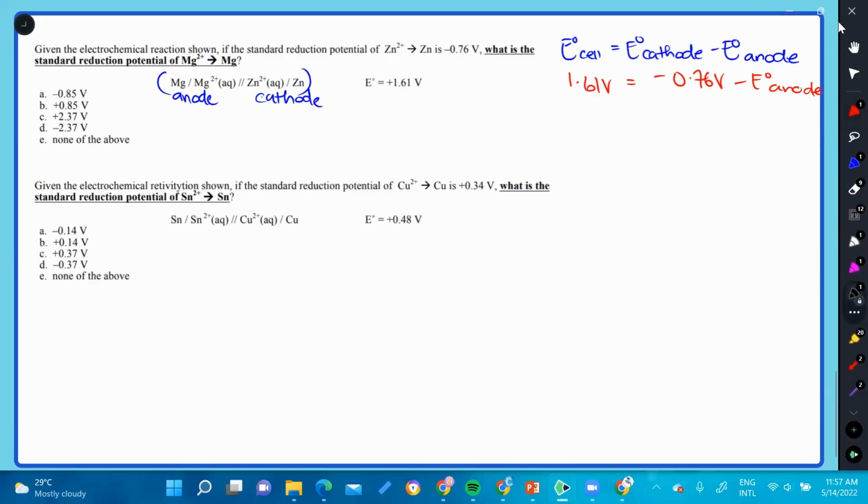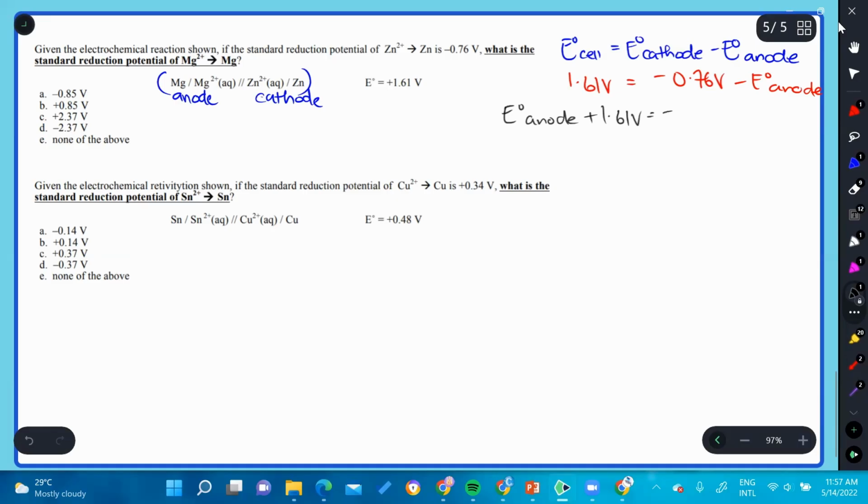So add the E naught of the anode to both sides, and we add it to both sides because we want to keep the equation balanced, or equal. So E naught of the anode equals minus 0.76 volts minus the E naught of the cell, plus E naught of the anode. I'm going to put A because I'm going to run out of space.